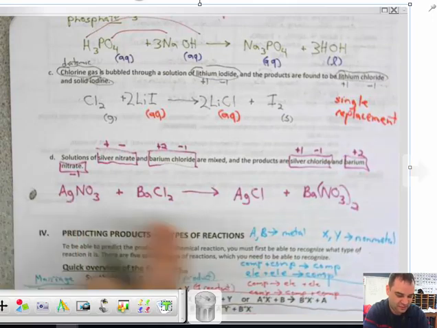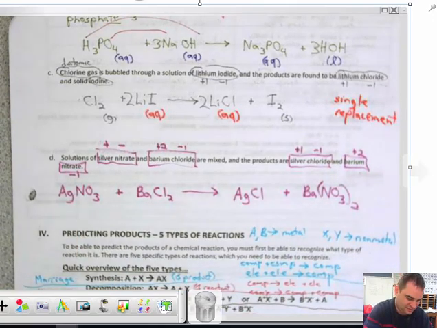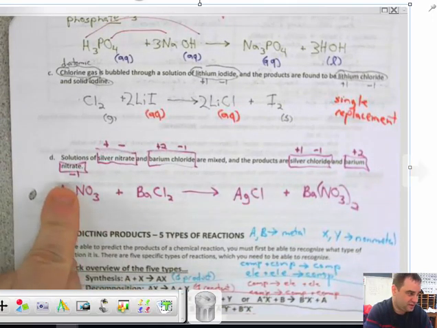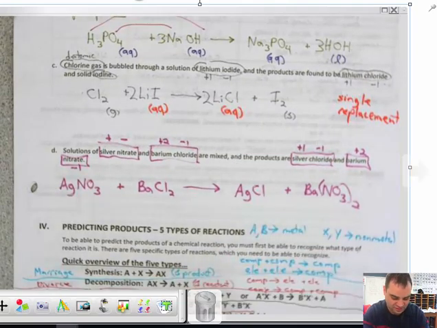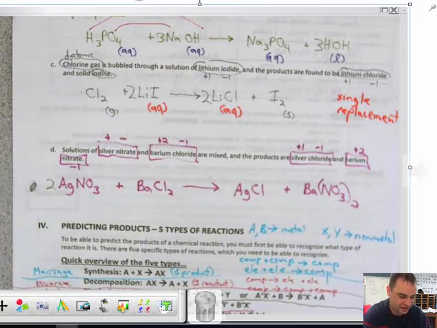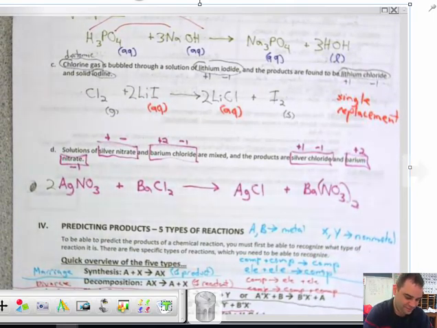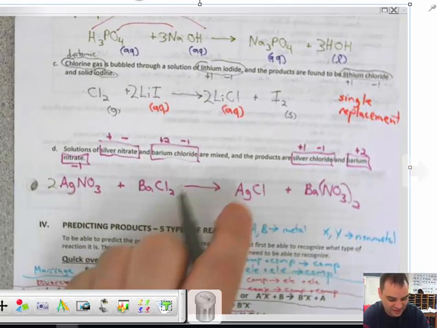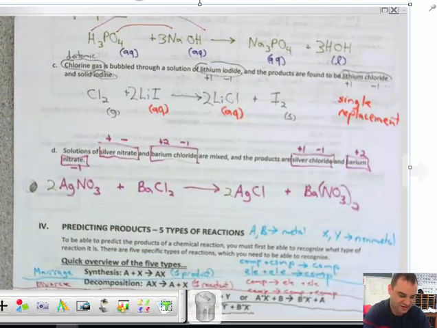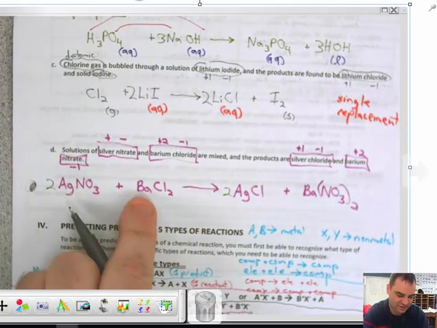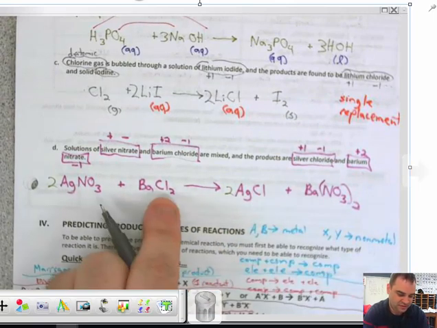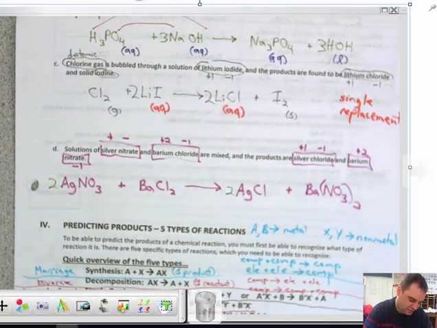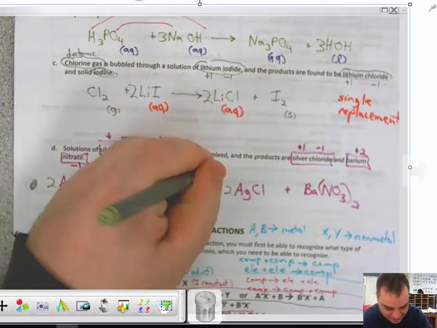Once over here, once over here, 1 NO3 over here, 2 NO3s over here. You're going to put a 2 in front of the AgNO3. But that now gives me 2 Ags. So now I have to put 2 in front of AgCl. 1 barium, 1 barium, 2 chlorines, 2 chlorines. Guess what? This reaction is double replacement.